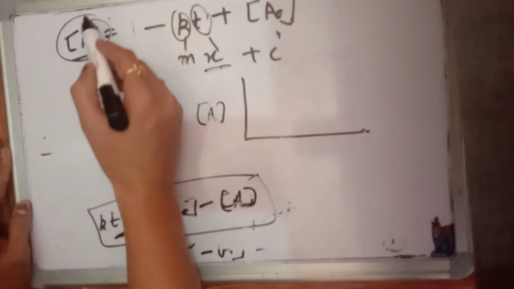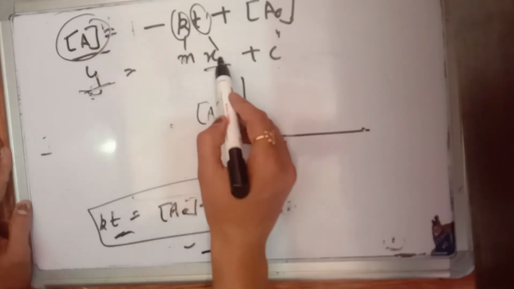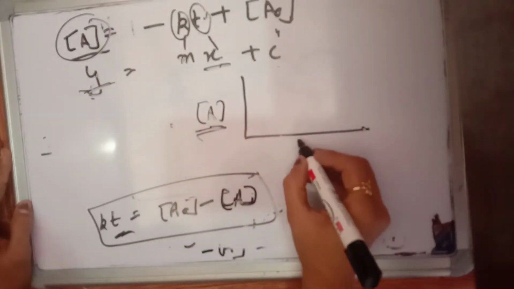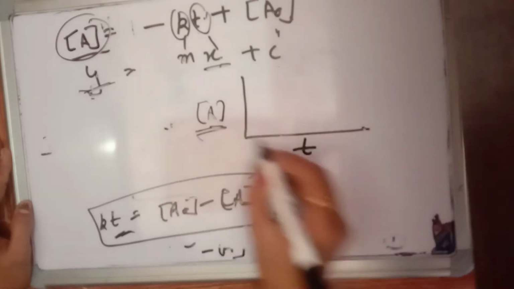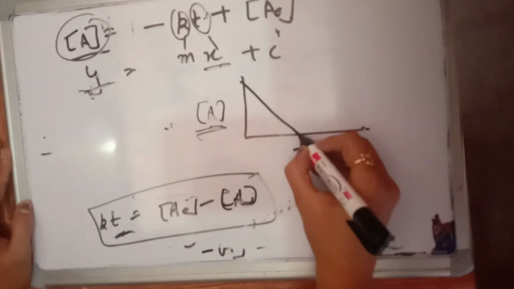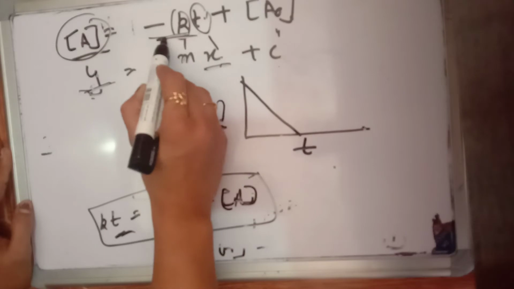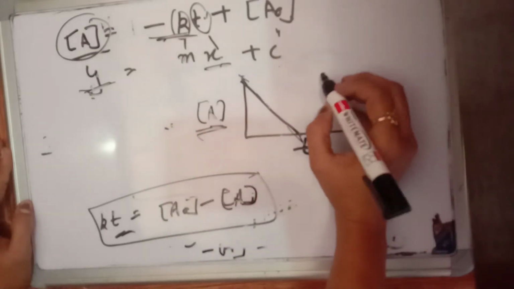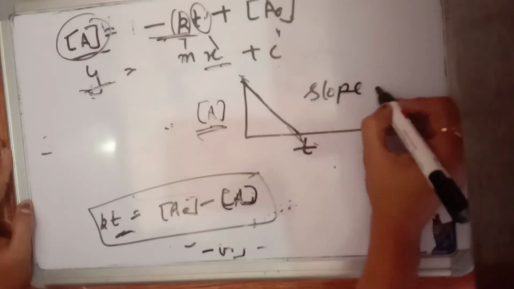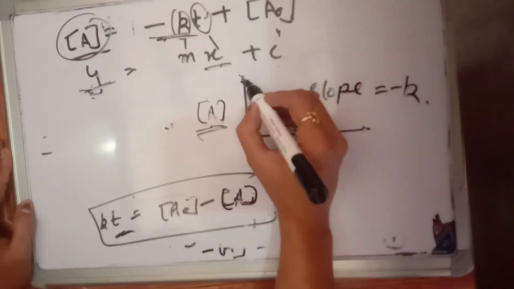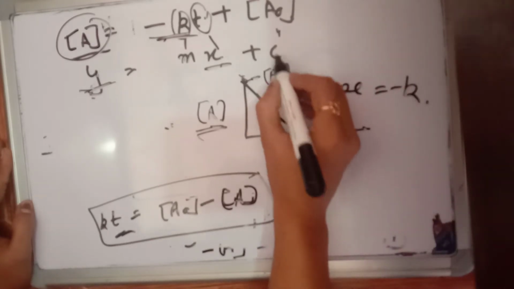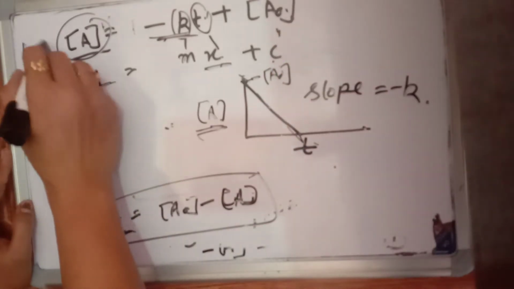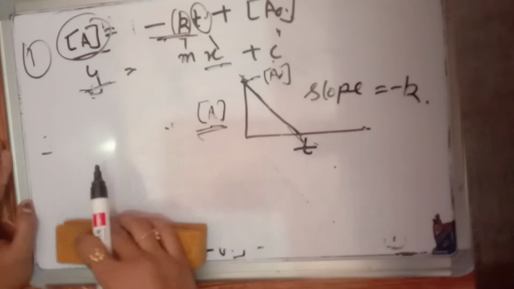So here y corresponds to A and x corresponds to t. That's why if we plot A versus time, concentration versus time, we'll get a straight line with slope minus k. Because the slope is negative, it is downward and the slope will be minus k. And the intercept will be A naught. So this is the first characteristic of zero order reaction.